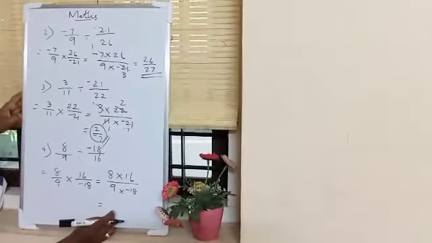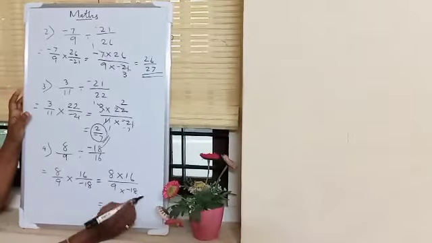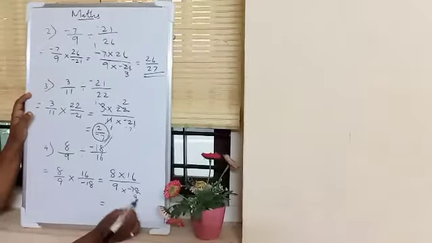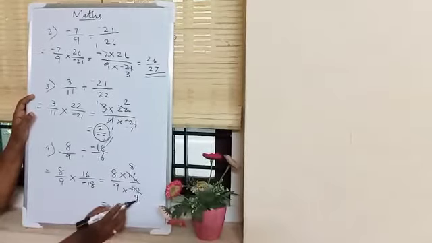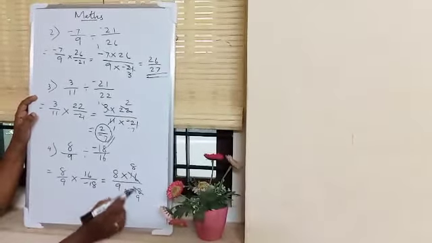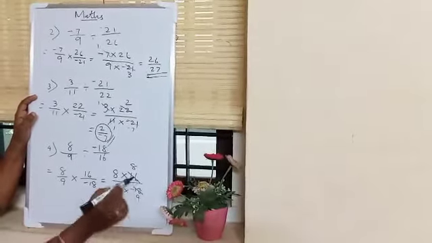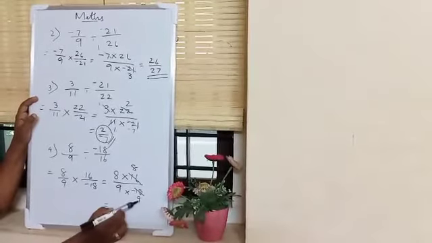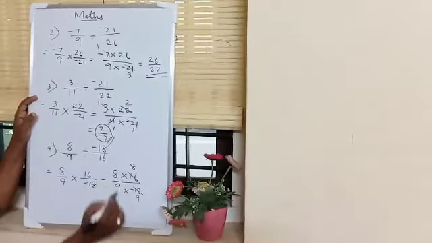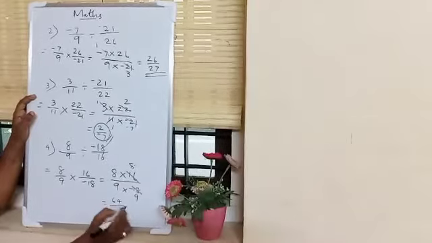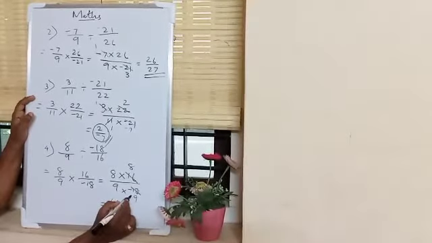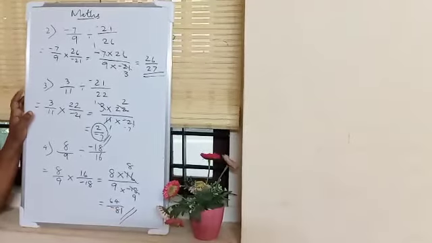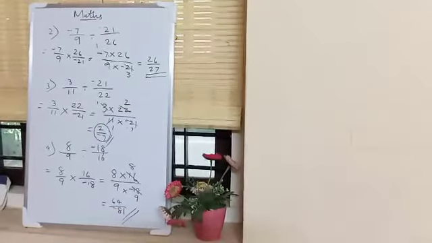Then simplify: 9 2s are 18, 8 2s are 16. Then 8 into 8, 64. 9 into negative 9, negative 81. Okay, this is the answer.